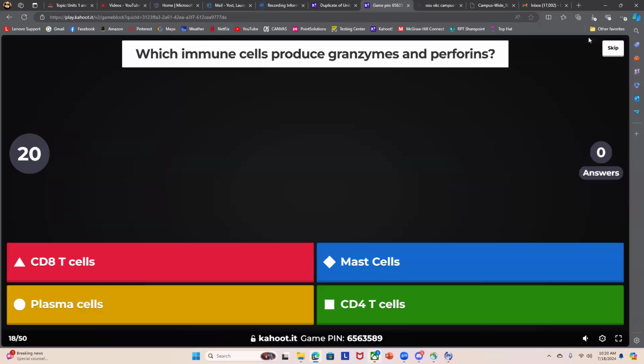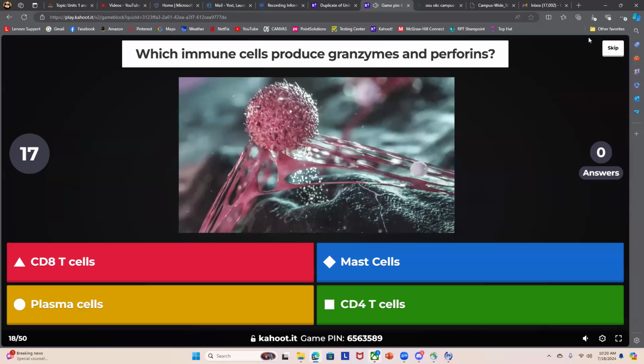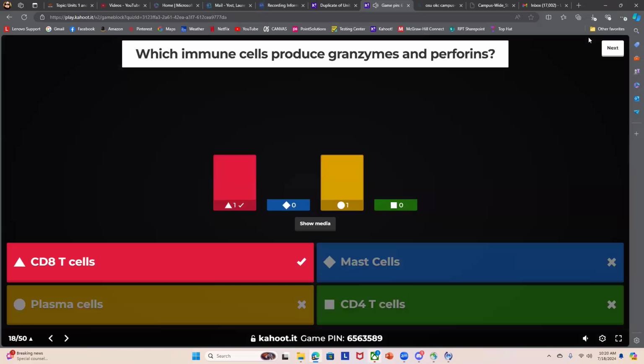Which immune cells produce granzymes and perforins? All right, so this is going to be CD8 T cells. That's their weapon, basically, for attacking. When they get activated, they'll get signals from the TH1 helper cells, and macrophages. Think about it this way.